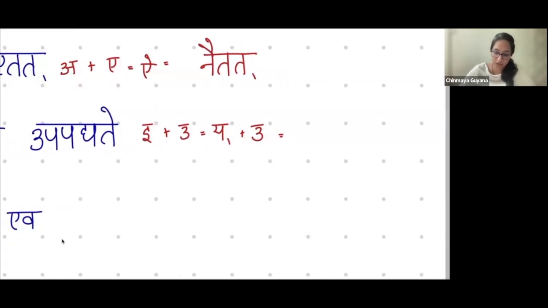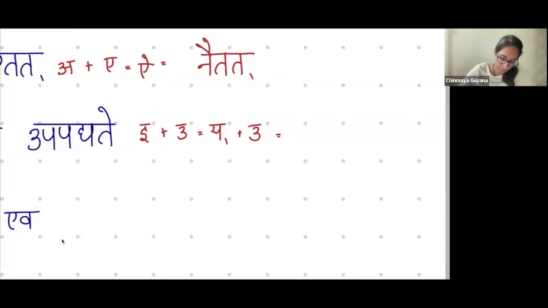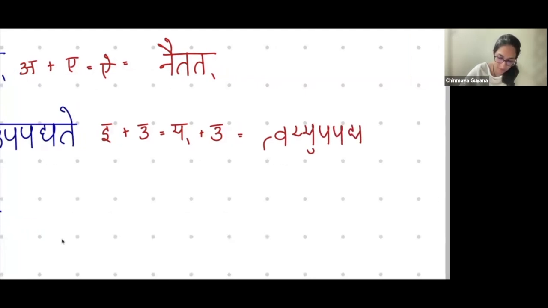The E is going to change into a Ya halant. Tvayupapadyate. I'm going slowly so that everyone can check their homework, but not slowly enough that if you didn't do your homework, you can follow.